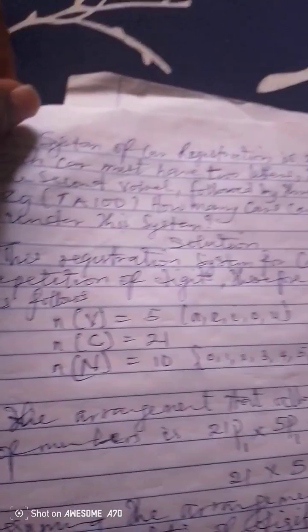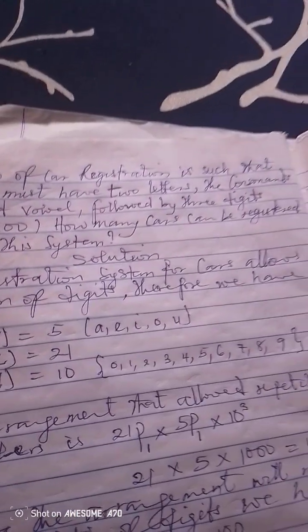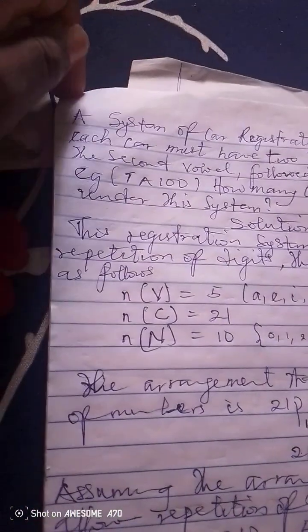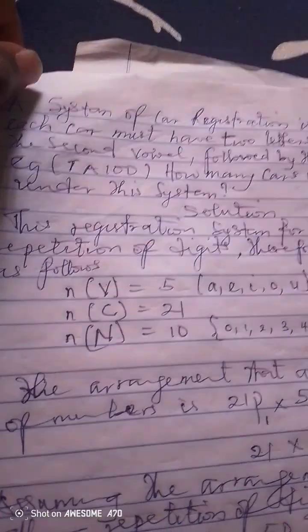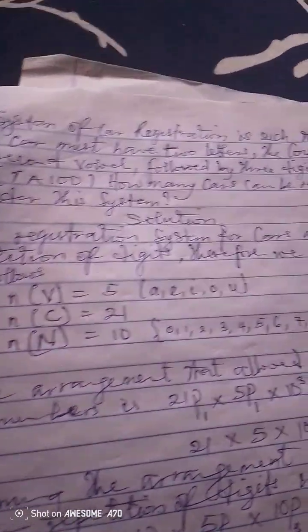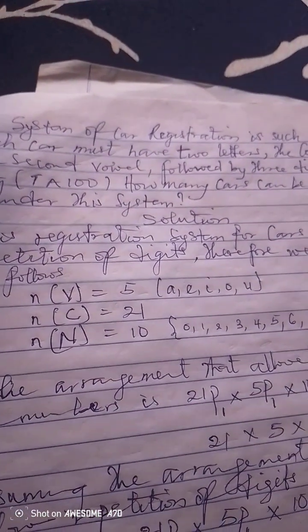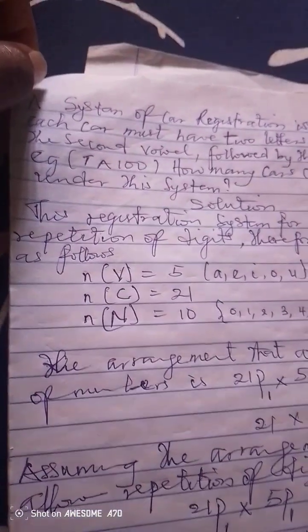So how many cars can be registered under this system? Solution. This registration system for cars allowed repetition of digits. Therefore, we have as follows.